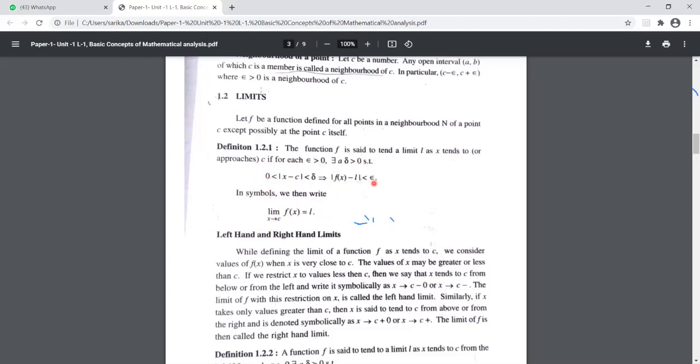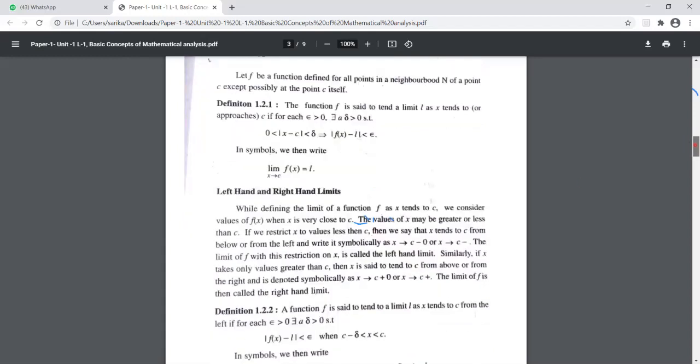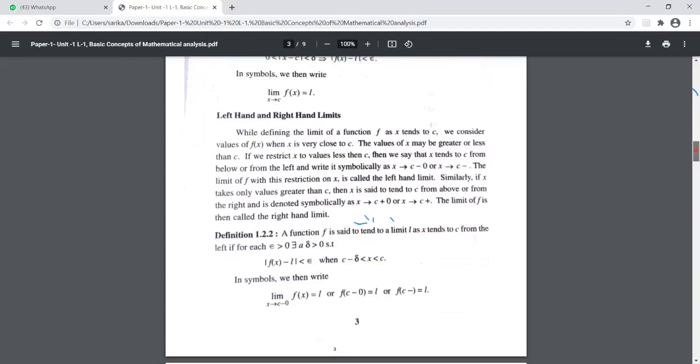Now, something about the left hand limit and the right hand limit. While defining the limit of a function f as x tends to c, we consider values of f(x) where x is very close to c.